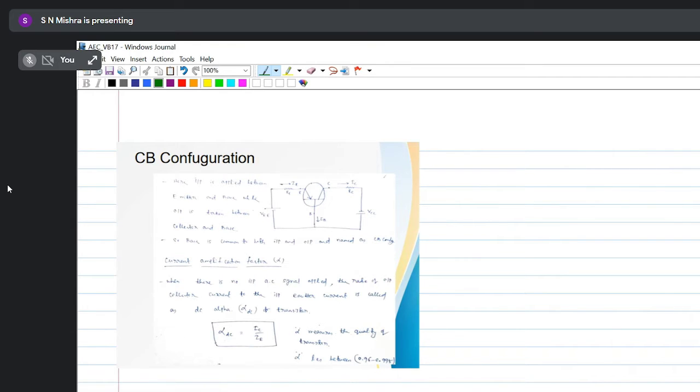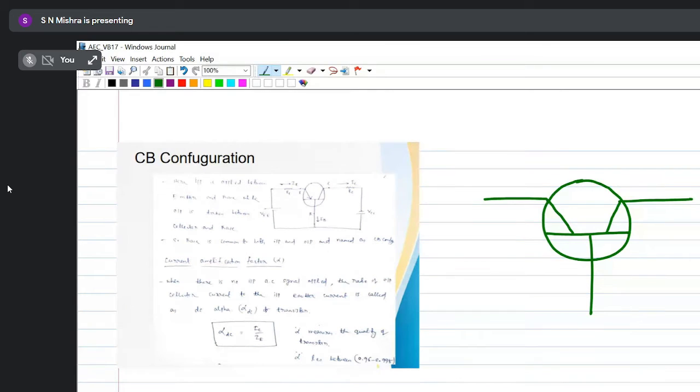For the common base configuration, first you draw the transistor such that the base terminal is at the bottom side. Then emitter, collector. For simplicity, I'm taking a PNP transistor. This is my emitter, this is collector, this is base.